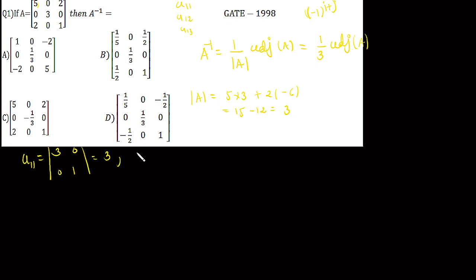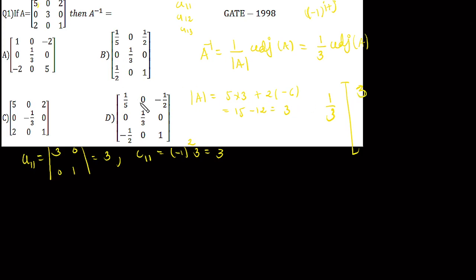Now let's find the cofactor, which I represent as C11. I multiply this 3 with minus 1 to the power of 2, because i and j have values 1 and 1 respectively. I get 2 as the exponent, and multiplied with 3, I again get plus 3 as the cofactor. So the first entry in the adjoint matrix will be 3.